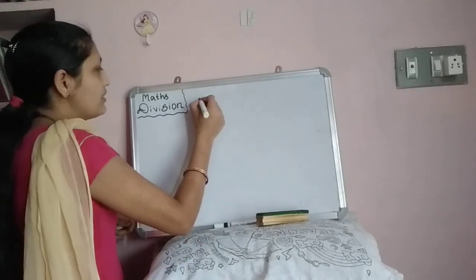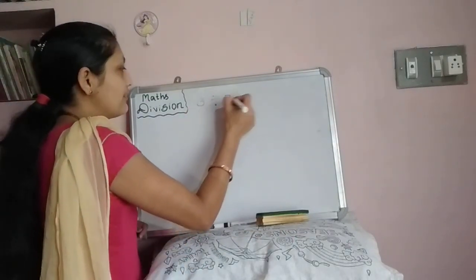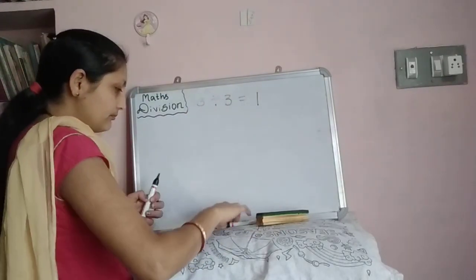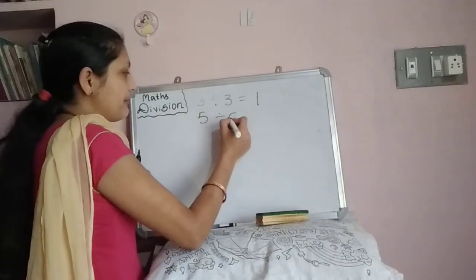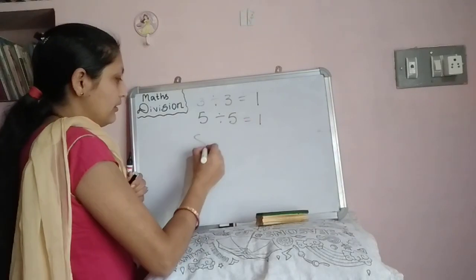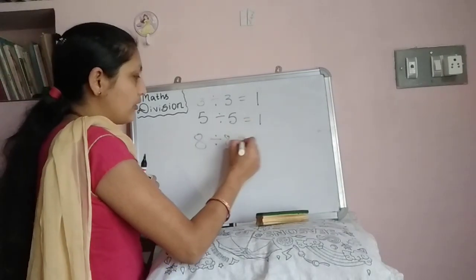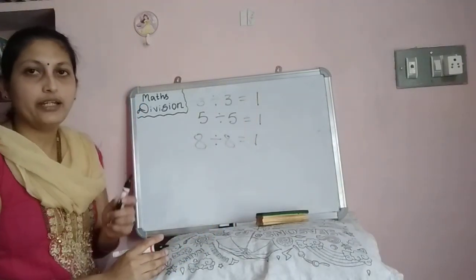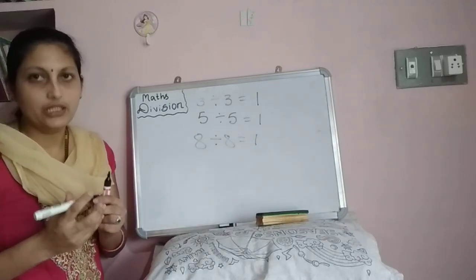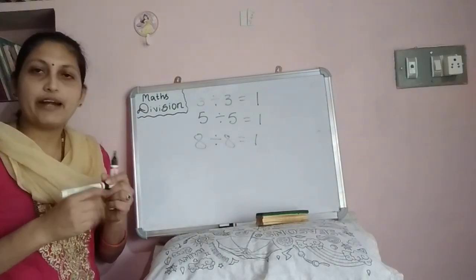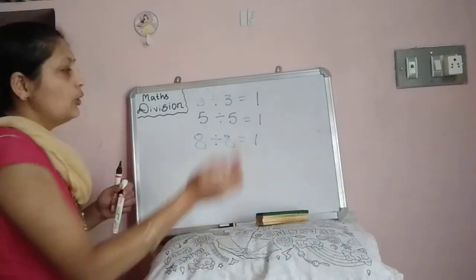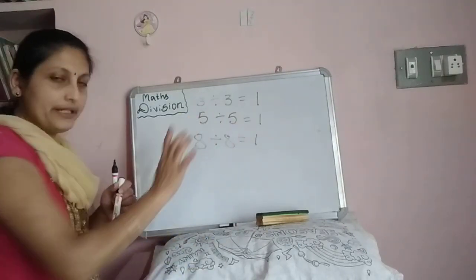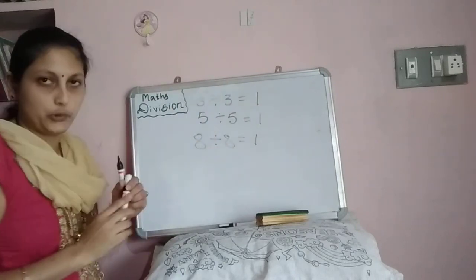That is why 3 divided by 3 is equal to 1. 5 divided by 5 is equal to 1. 8 divided by 8 is equal to 1, etc. Okay? This is another property. When a number is divided by 1, the number itself will be the quotient. When you divide the number by the number itself, 1 will be the quotient.